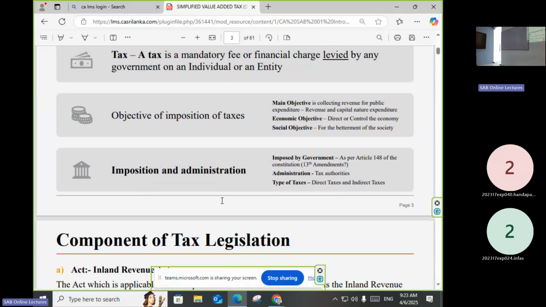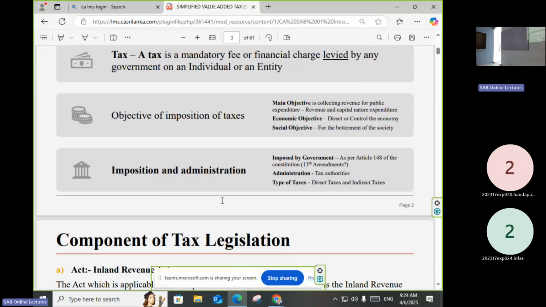It has been abolished in 2019, and we have stamp duty, customs duty, cess, PAL, port and airport levy, tourism development levy, sugar tax, smoke tax, right? Rates, that means assessment based tax, capital gains tax, that is part of income tax, right? Likewise, there are so many taxes.